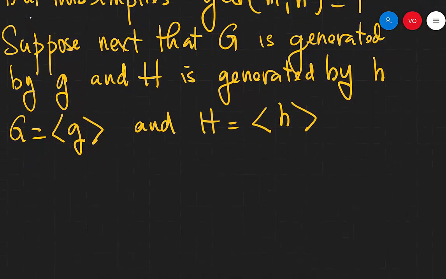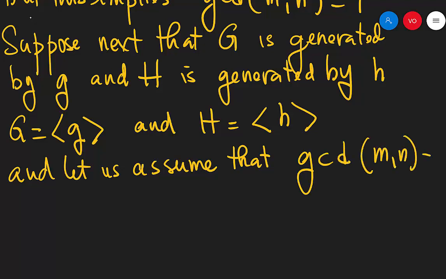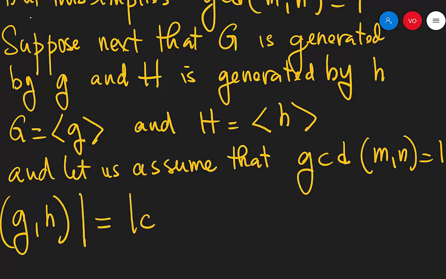Okay, so then let us assume that the greatest common divisor of M and N is also 1. And if we look at the order of (g,h), it will be the least common multiple of these two.